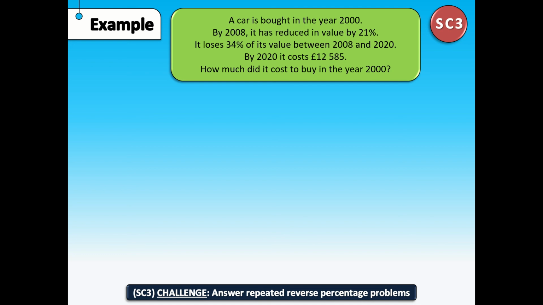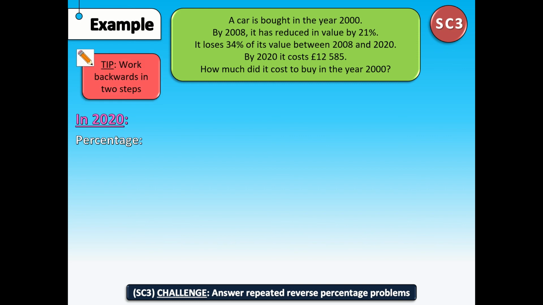So for a question like this, we've got to work backwards, starting in 2020, and it lost 34% of its value between 2008 and 2020. So we work out how much it cost in 2008. Well, in the year 2020, it cost £12,585, so that's 66%.